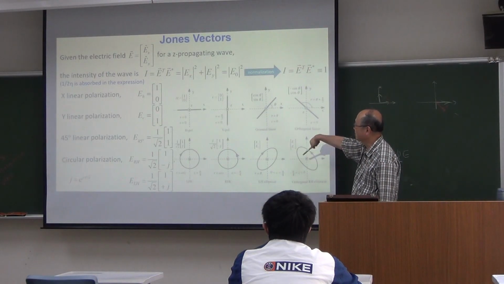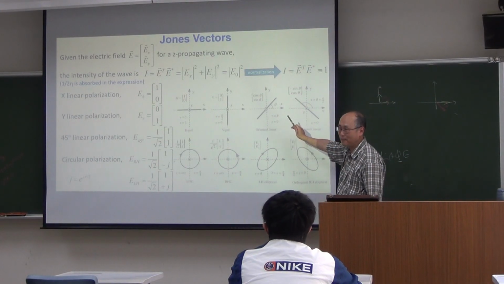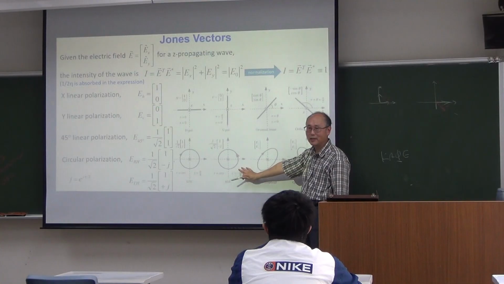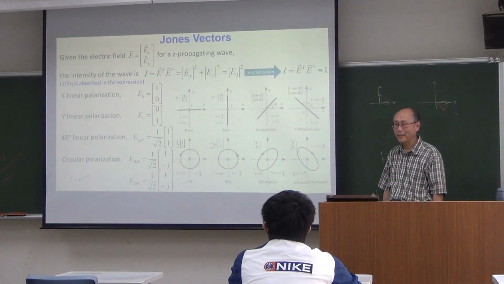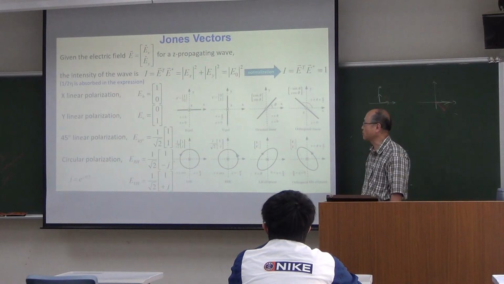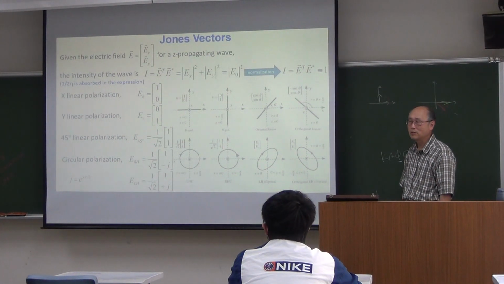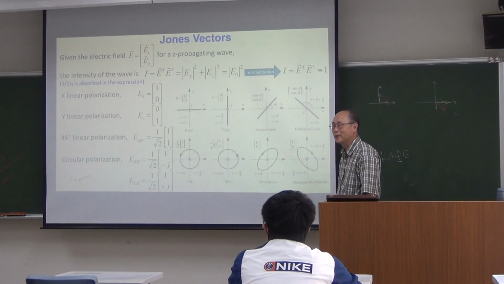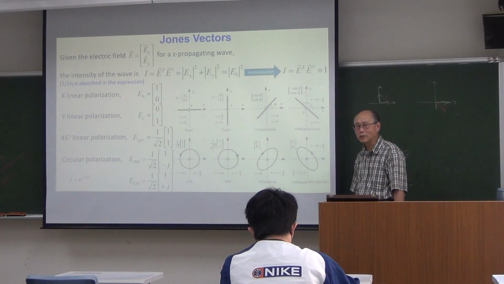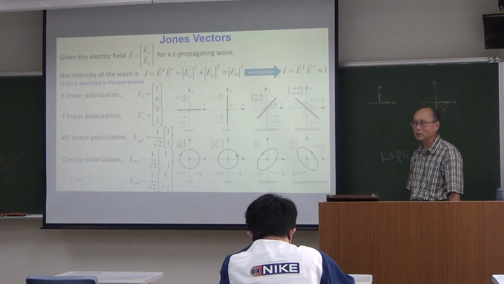So if you make it consistent on this page, then you'll be able to read an engineering textbook. Okay. So this is something additional I want to give you so that you get used to the different notations in engineering textbooks and optics textbooks.